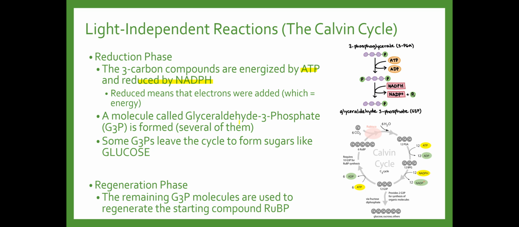Now, what we're going to get are these compounds called G3Ps, and we're going to make a whole bunch of them. Some of them, if you look at the picture here, we had 12 G3Ps. Some of them come out to make sugars like glucose. And then the next stage, regeneration, the rest of these G3Ps are used to make that RUBP. So this is why it's a cycle.